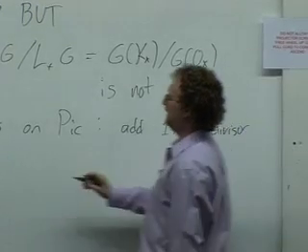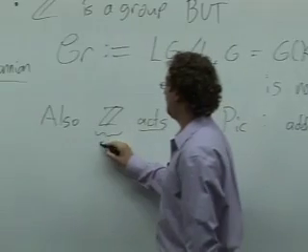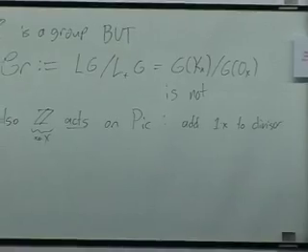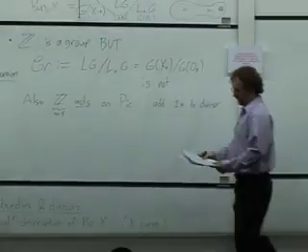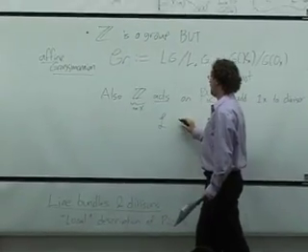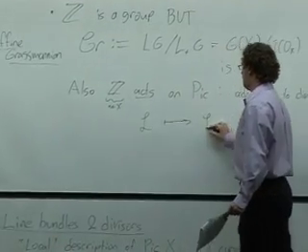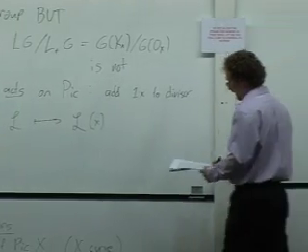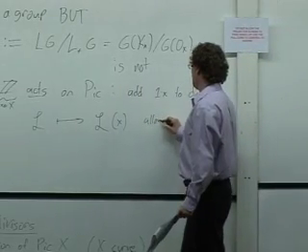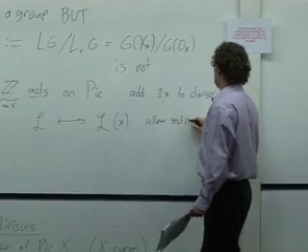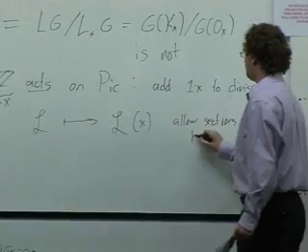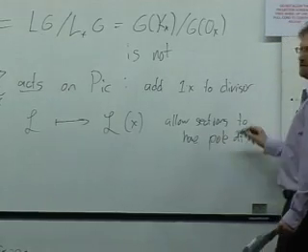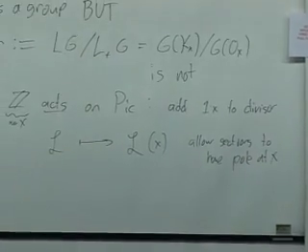So if I have a Z sitting at a point x, I can take the divisor of a line bundle and add 1 to it at a point. So if I have a line bundle L, I can get a new line bundle, L of x, which is the line bundle where I allow sections of L to have a first order pole at x. That defines a new line bundle. And that gives me an action of the Z.